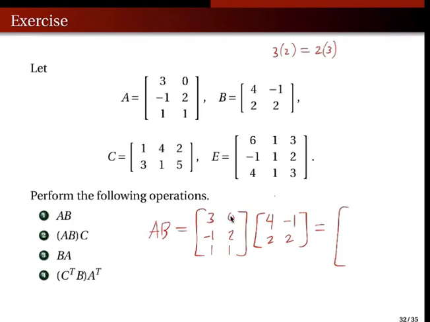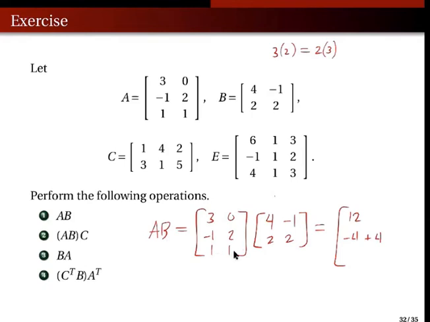First row, first column: 3 times 4, you can write immediately as 12, and then 0 times 2, that's 0. And then in here, negative 1 times 4, you can write immediately as negative 4, 2 times 2 here, so plus 4.